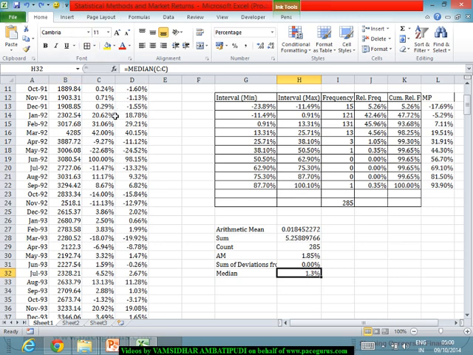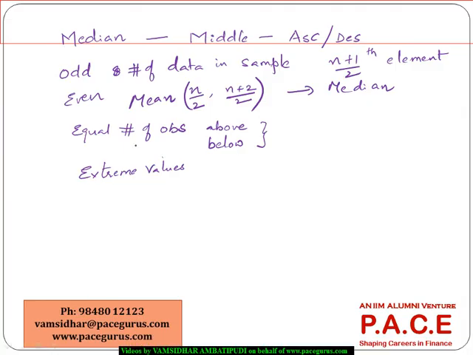But the biggest drawback is, while mean was able to use all the values in the calculation, median does not use the values at all. No computation on the values happens. It directly picks only the middle element, and it is not bothered about any other elements which are surrounding it. So that's one more major drawback.